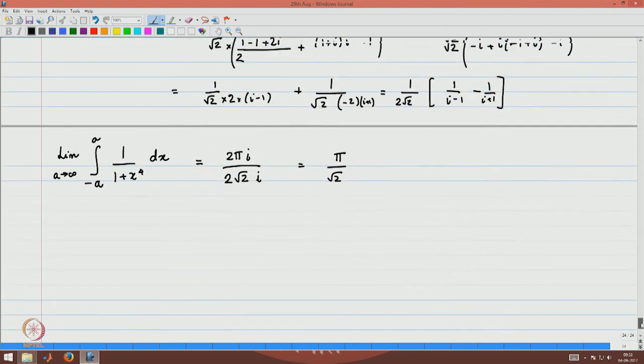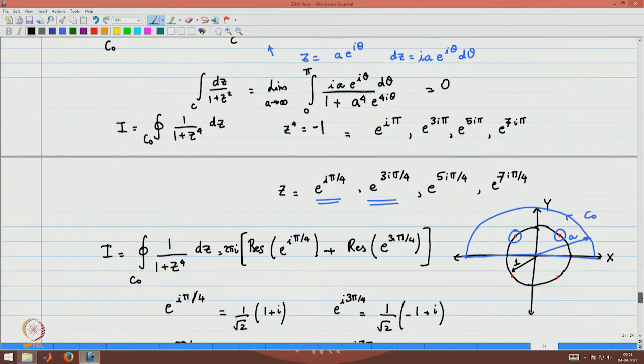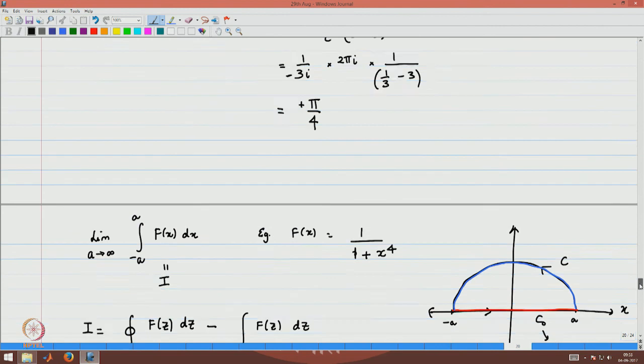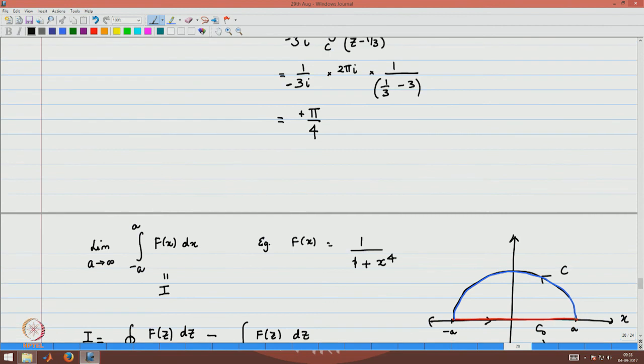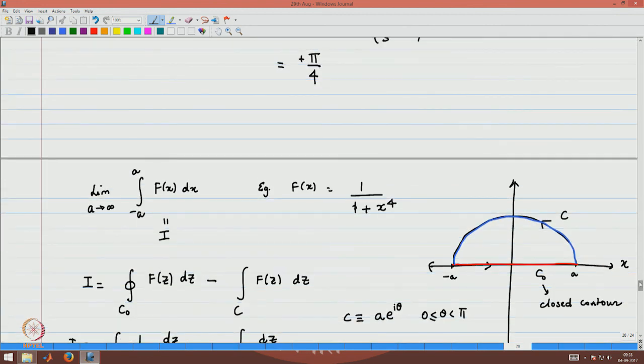But the important thing is the method that we used, where we took our integral from minus a to a and wrote it as the integral over the closed contour minus the integral over C. Usually, if your function is analytic, then the integral over the closed contour will be 0.